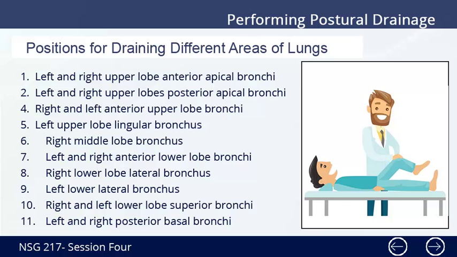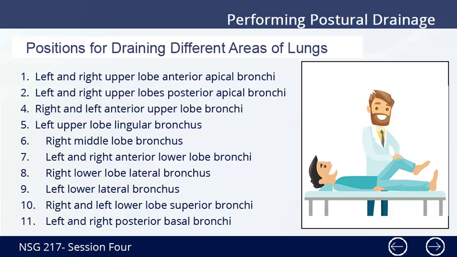Number 2, left and right upper lobes posterior apical bronchi. You will have clients sit in a chair leaning forward on a pillow or cardiac table. Percuss and vibrate with hands on either side of the upper spine.